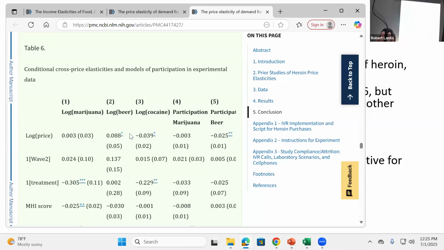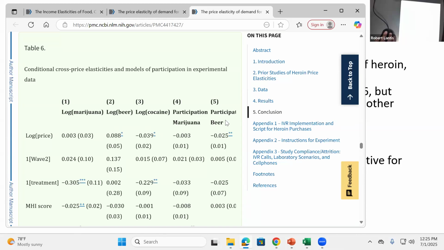I would imagine the story is something like, you need cocaine to come back up after using heroin, just to function. But from the data, and it's statistically significant, which is something we won't talk about in this class, they find there's an actual complementary relationship for these heroin users between cocaine and heroin. But that beer and marijuana were substitute goods.